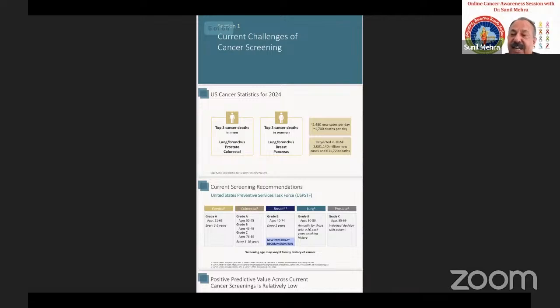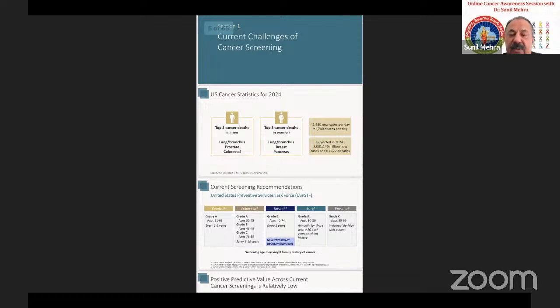Older people in their 60s and 70s remember the Virginia Slims ads, 'You've come a long way, baby.' Every young adult lady who wanted to stay size 1 and be 5'6", 5'7" loved those Virginia Slims ads, and now sadly they are paying the price. So lung cancer has surpassed breast cancer in ladies also.